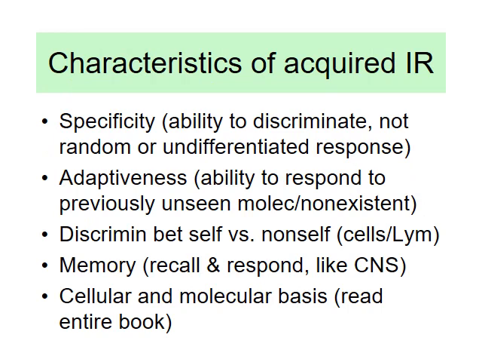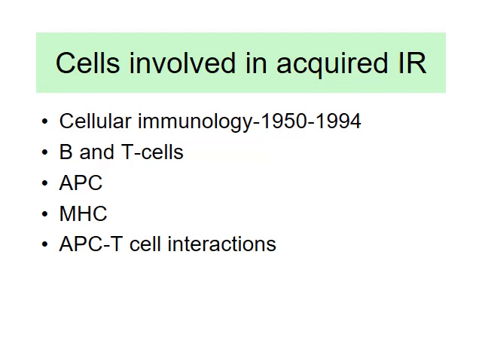Acquired immune response, we talk about that. And then cells involved in acquired immune response. Remember the previous one was talking about cells in immune response per se together. But now we are more specific. We are talking about acquired immune response.